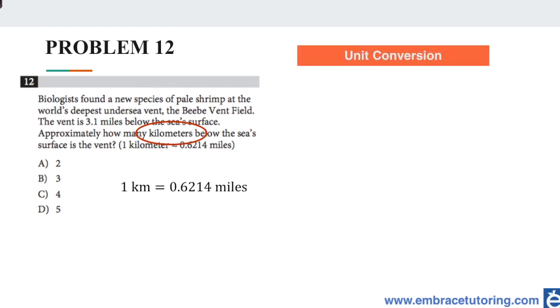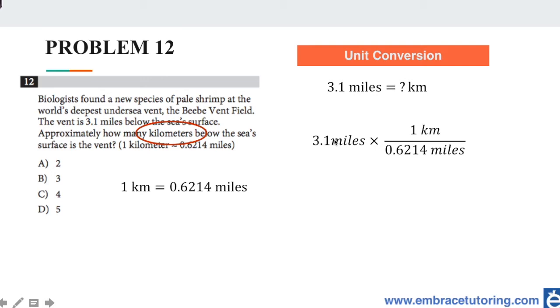So for any standard unit conversion problem, I want to start with what is given, right? In this case, I'm doing 3.1 miles equals question mark kilometers. So I'm going to start with what is given. I'm now going to take my opposite denominator, that's what's going to go on the bottom, and then I'm going to put my other value of what this equals on the top, because these equal each other.